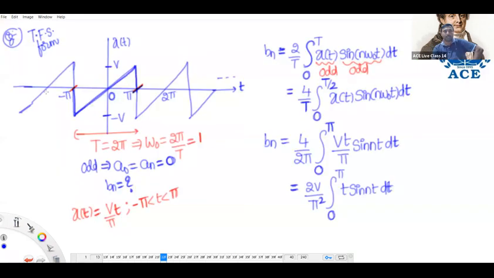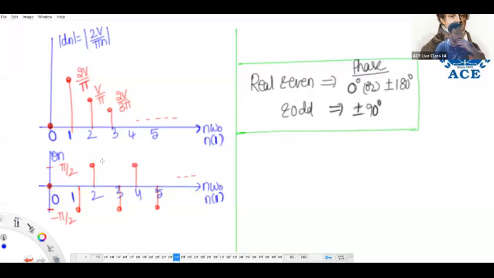Our problem has odd symmetry, and we got phase angles in the graph as plus or minus 90. Real and even function means phase will be 0 or 180. Odd function means it becomes plus or minus 90 degrees.